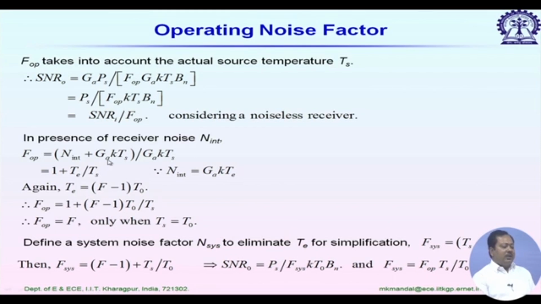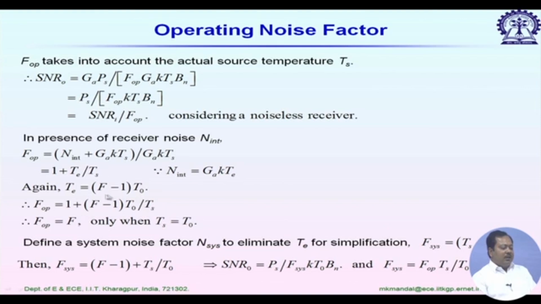Noise at the output is G A K Ts plus the internal noise, divided by noise at the input G A K Ts. So, this is 1 plus Te by Ts, where we are putting N internal equal to G A K Te. Now, we have already seen in the previous expression that Te is equal to (F minus 1) into T naught. So, we can also express F operating as 1 plus (F minus 1) into T naught by Ts, simply putting the value of Te in the previous expression.